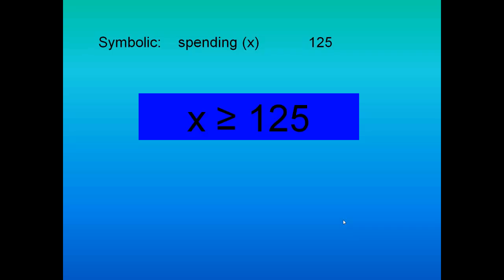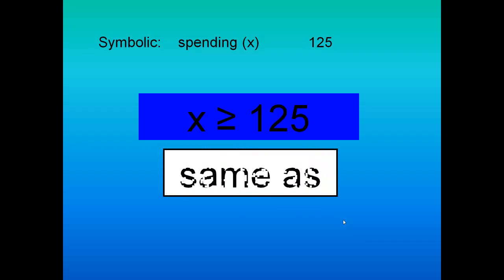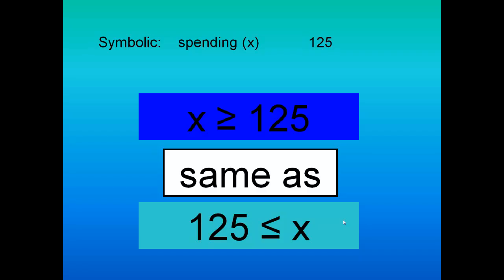We could write it as x is greater than or equal to 125. That would be the same as saying 125 is less than or equal to x. Notice again that when I changed the place of the 125 and the x, I also changed the direction of my inequality sign.